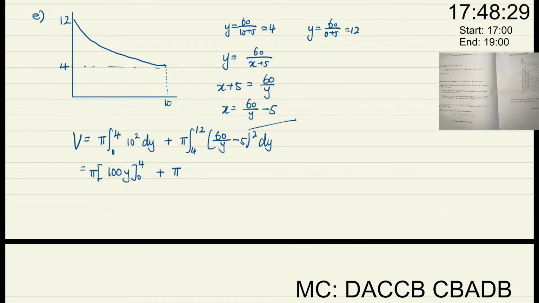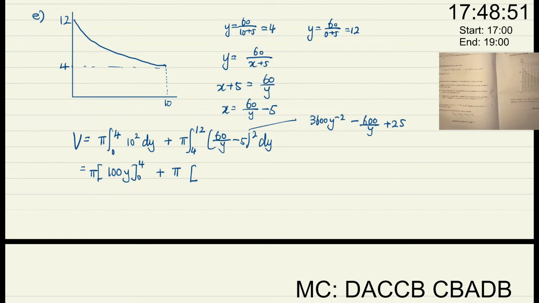Now this one, I'm just going to quickly expand it. 3,600 y to the power of negative 2. That looks like a royal pain, actually. Minus 600 over y, because that's a log. Goodness. Why would they do that to you? That is so rude. That is disgusting.